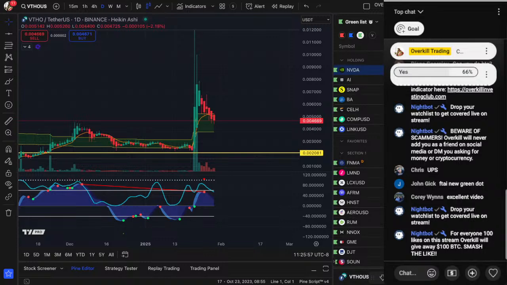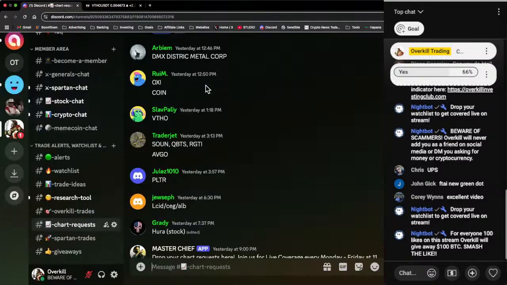Huh. My screen is frozen here, folks. Interesting. I guess we're just going to have to roll with it. I can still see chat, though, but I think it's frozen. I apologize for that. Let's go back to the chart request here, though.